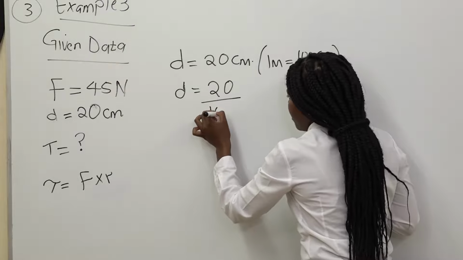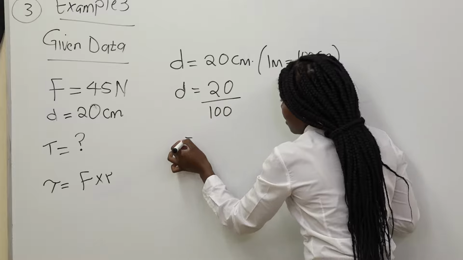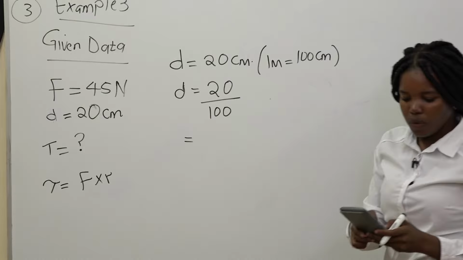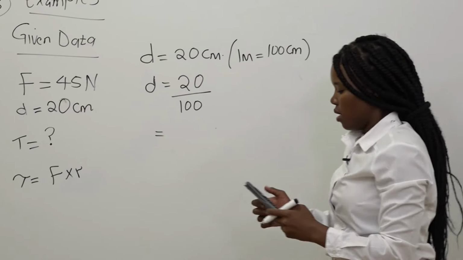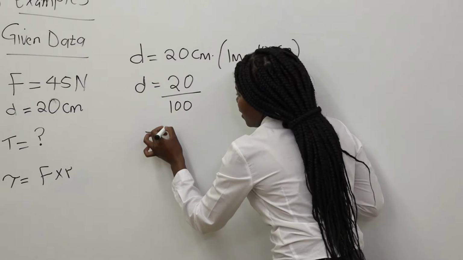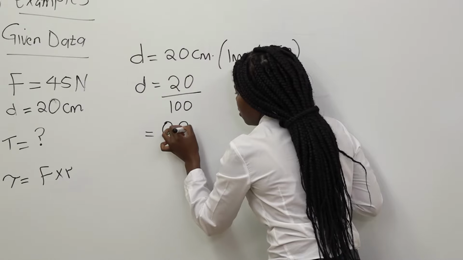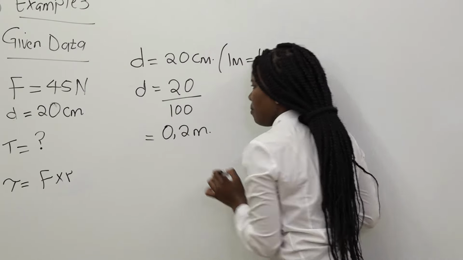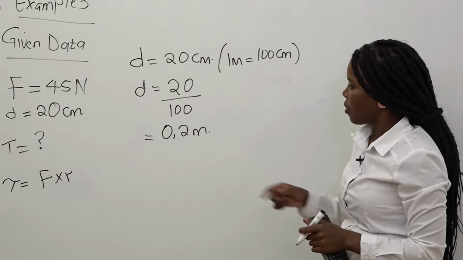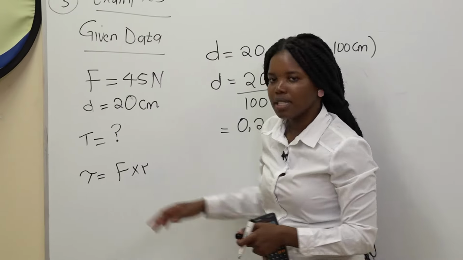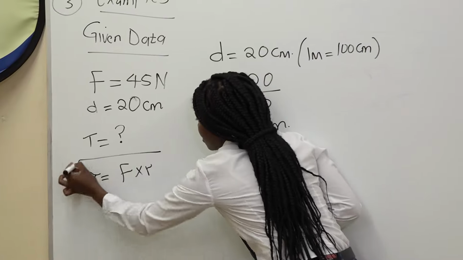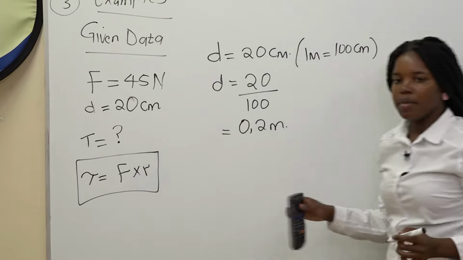If you say 20 divided by 100, the distance is given as 0.2 meters. But remember, from the formula, to calculate a torque, we say a force times a radius.